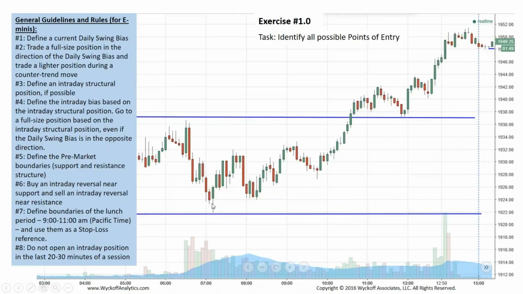Okay, so here is an exercise. I kind of went through that, but let's go through this really quickly again. There are a couple of points that I didn't mention.